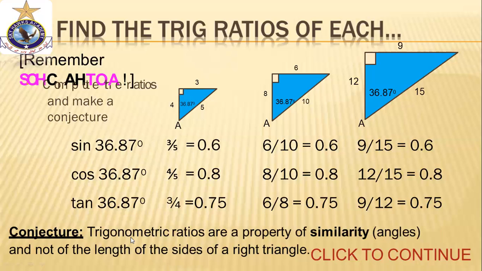So it's totally dependent on the measurement of the angle. If you increase or decrease the angle, you will get different values. So the ratios are totally dependent on the angles, not the sides. So it's a basic thing.